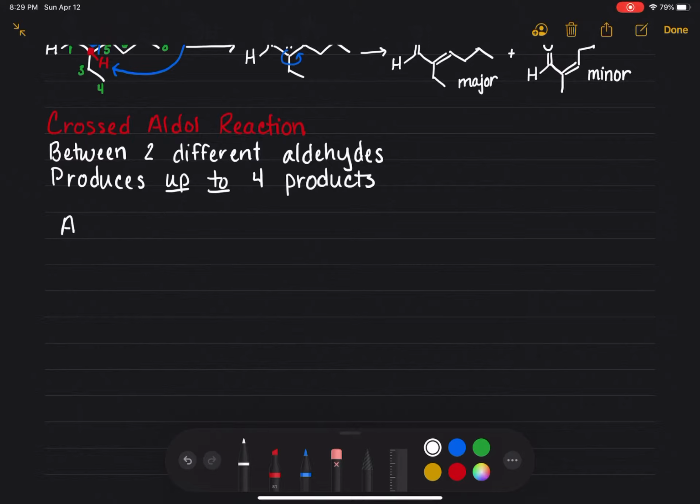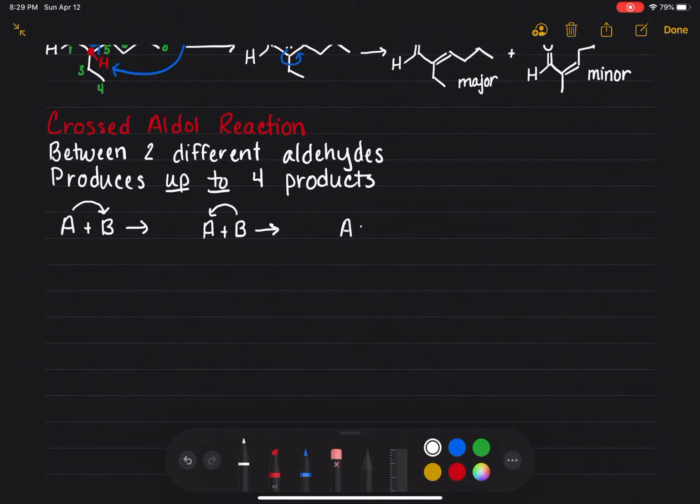So let's say that we're going to call our aldehydes A and B. So let's say that we have A reacting with B. Well, when A and B react together, there's 2 different ways that they can react. Either A can become the enolate and attack B, and that would give you 1 product, or B could become the enolate and attack A, and that would actually give you a different product, even though it seems like maybe they should be the same.